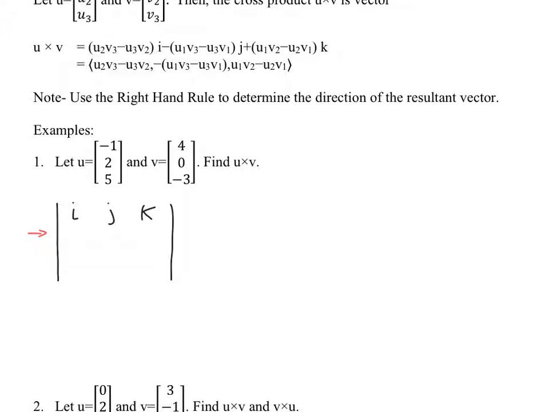U is going to make up the second row. So we're working with row vectors now. The way that the shortcut comes into play, it requires you to have vectors written in row form. So that's vector u and then vector v.